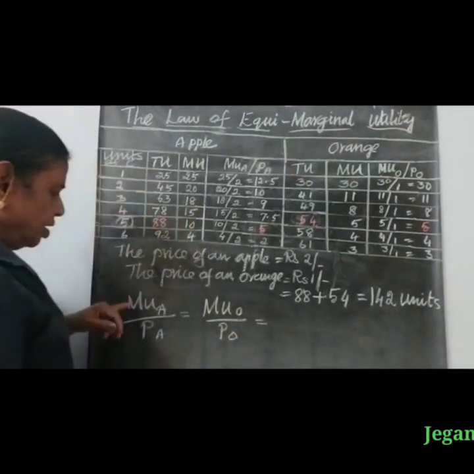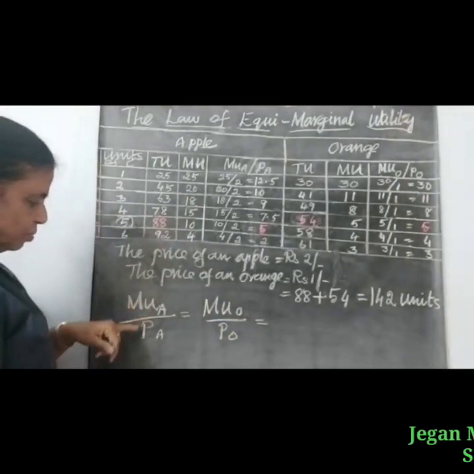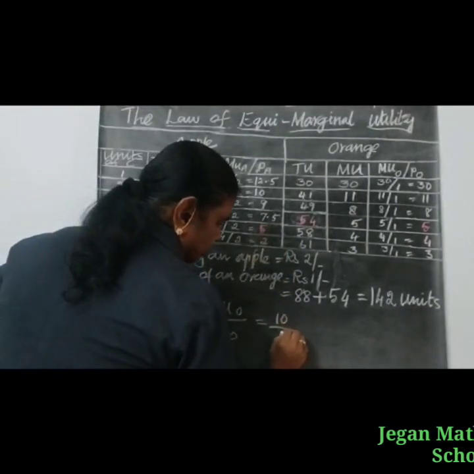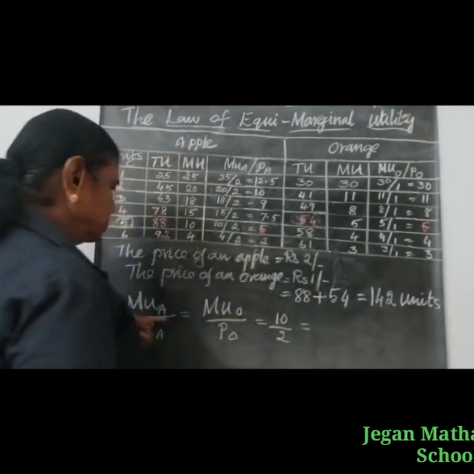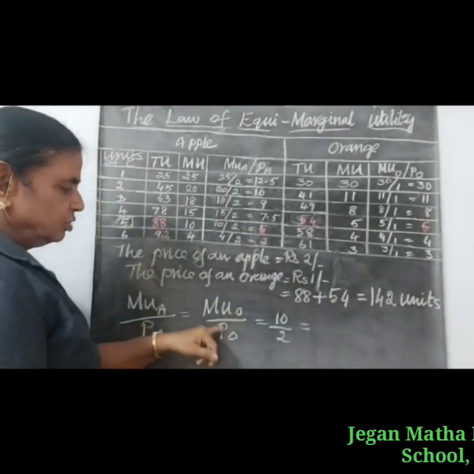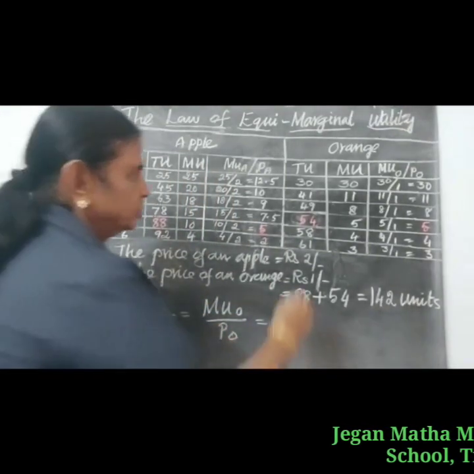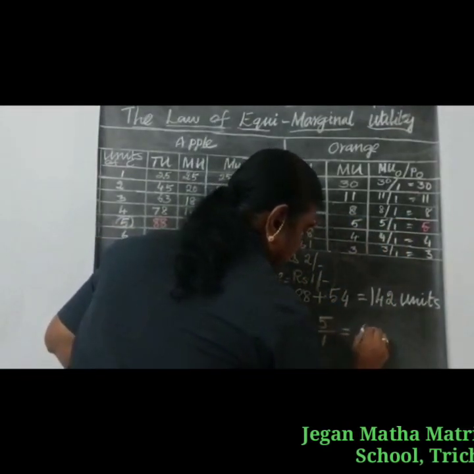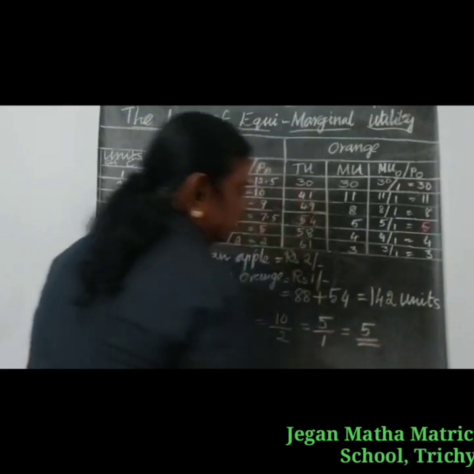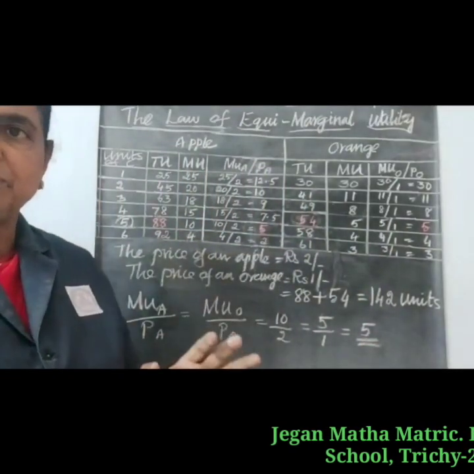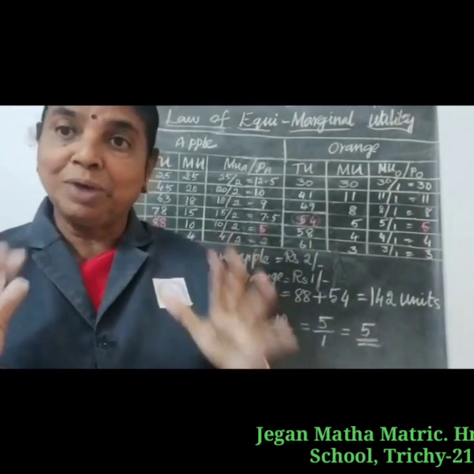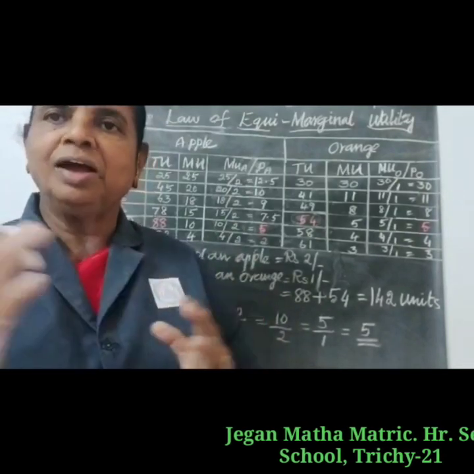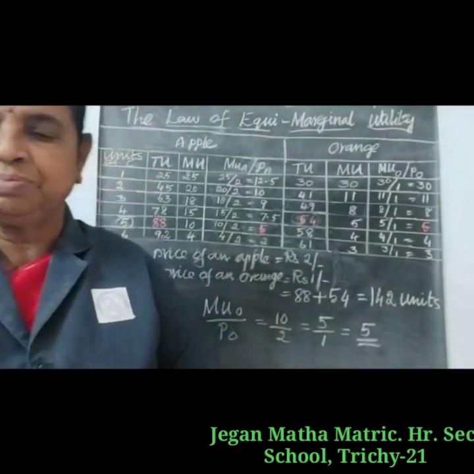Marginal utility of apple divided by price of an apple, 10 divided by 2, equals marginal utility of orange divided by price of an orange, 5 divided by 1, equal to 5. So the consumer attains the maximum utility both from apple and orange equally.